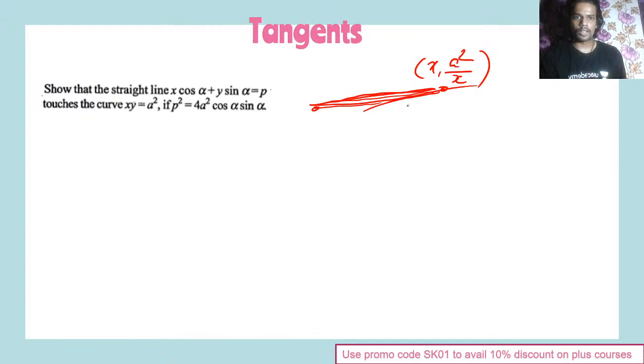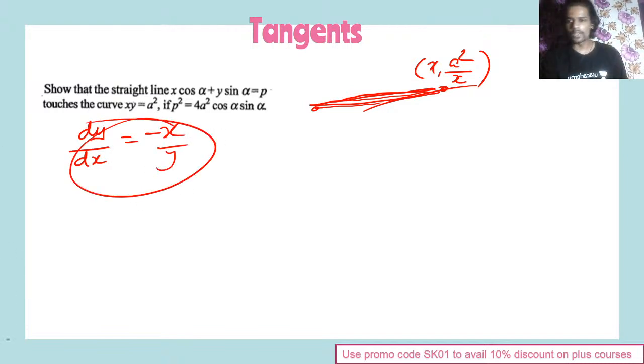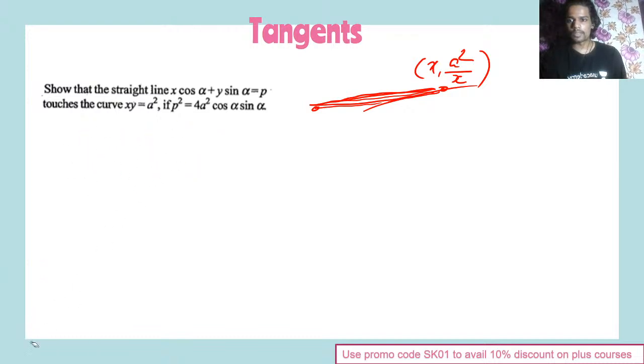dy by dx was equal to minus x upon y. This is where we did the mistake. I got it. Basically, if you differentiate xy, you will get y plus x y dash equals 0.